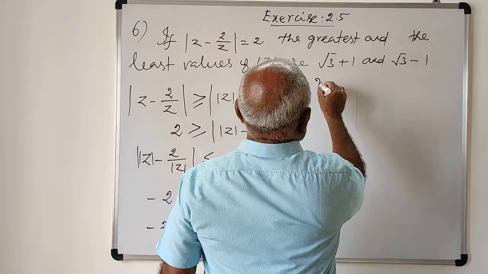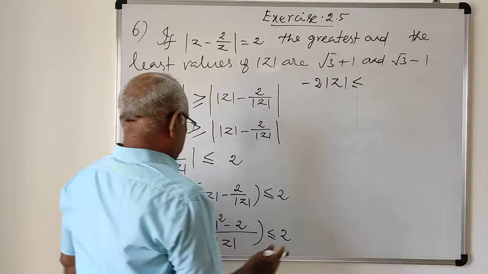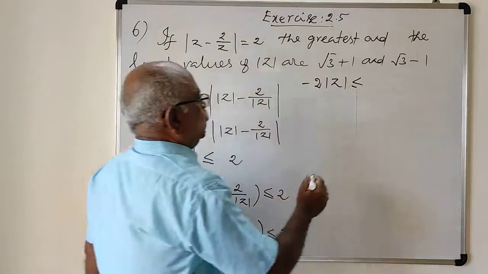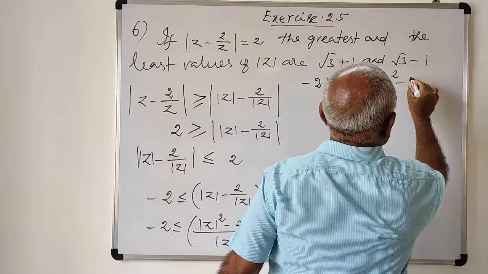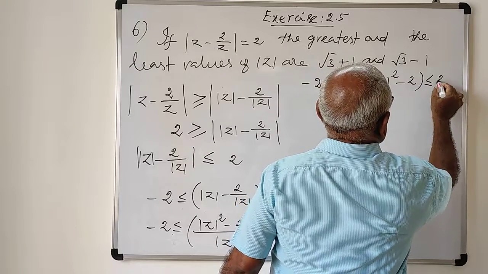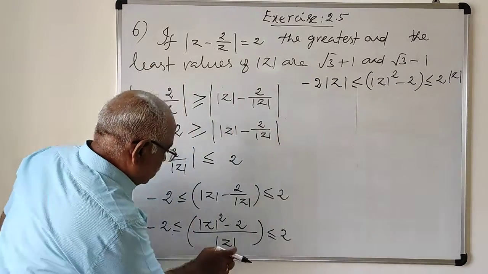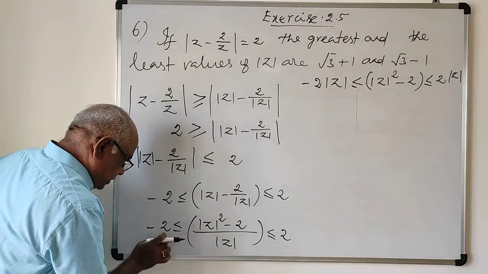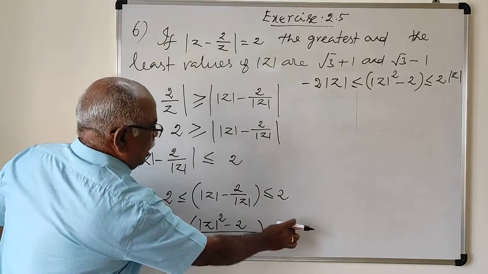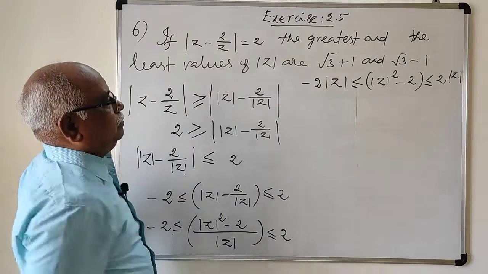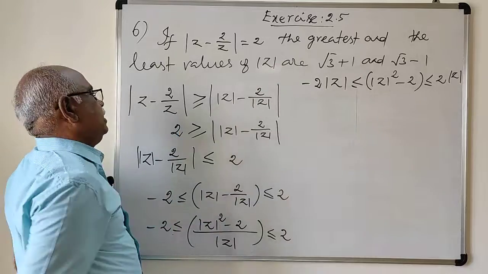For that I get minus 2 into mod z less than or equal to mod z square minus 2, which is again less than or equal to 2 into mod z. From this step I got that result.